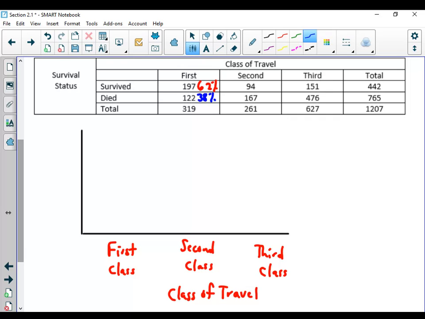Then I'm going to do that for each class. So I'm going to go to the second class. They had 94 that survived out of 261. So that's roughly 36%. And again, I know it adds up to 100, so that leaves me 64%.